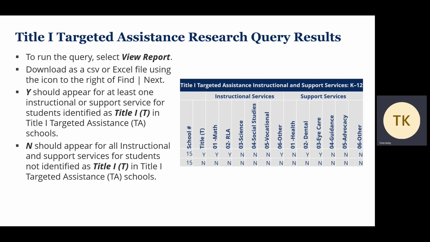So for those 100 students, they should have a Y appear for each instructional service and support service that's funded by Title I. And the other students in those schools would have an N appear for all instructional and support services because none of those students are Title I T.